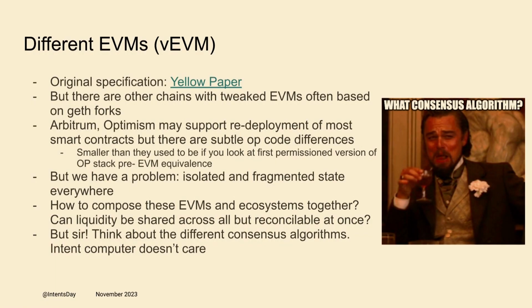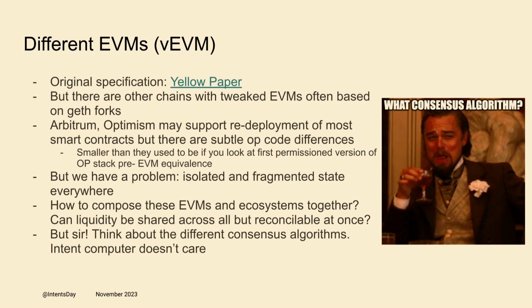One thing we also wanted to talk about is how different ecosystems are all implementing different EVMs. If you look at Arbitrum and Optimism, they're all running different EVMs with slight modifications. It can be what opcodes they support or how the opcodes behave.